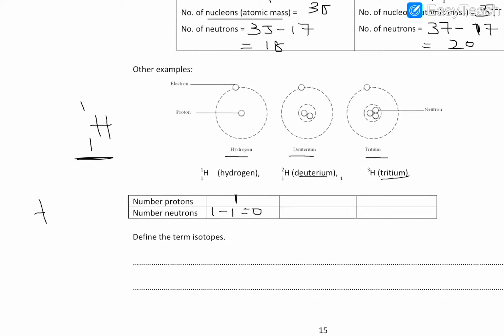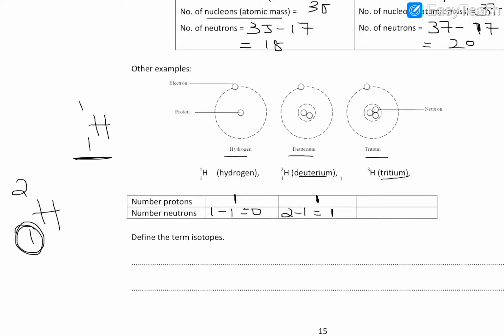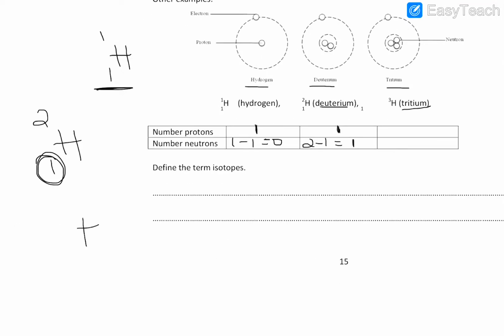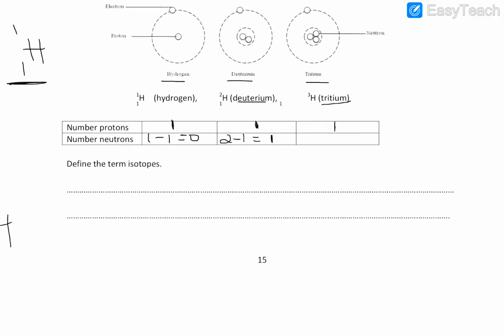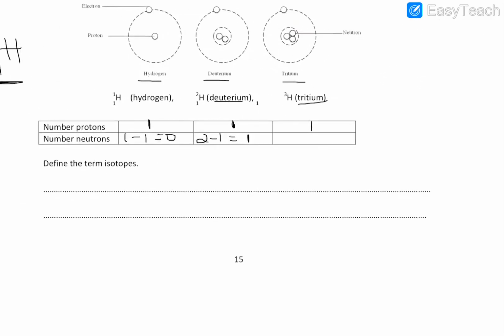Deuterium, that's H 2 1, so 1 here is the number of protons, number of neutrons is 2 minus 1, that's 1. And for tritium, H 3 1, number of protons 1, number of neutrons is 3 minus 1, that's 2.